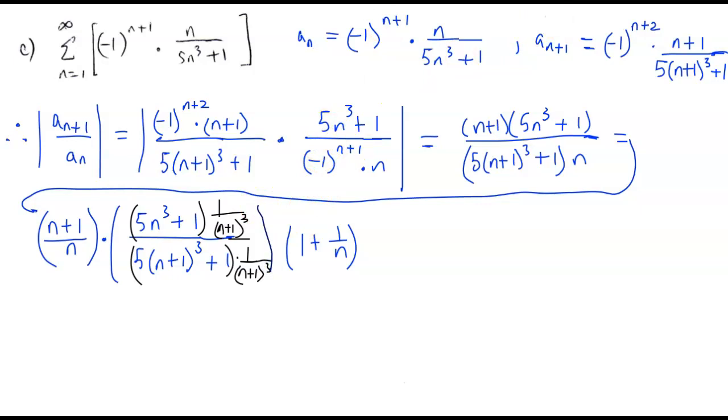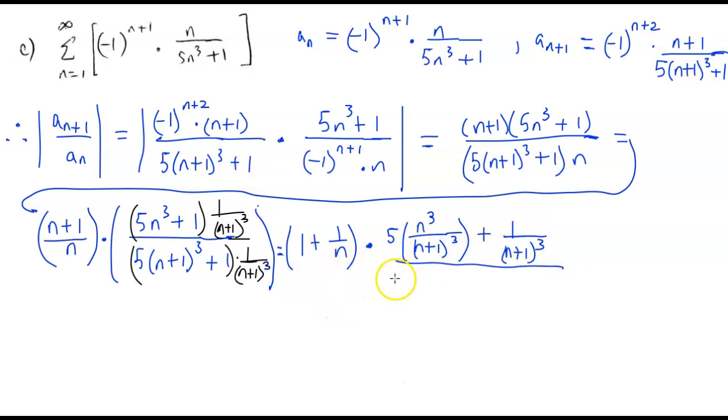Putting that back in with an equal sign, in the numerator we would get 5 times n cubed over n plus 1 cubed plus 1 over n plus 1 cubed, and in the denominator we'd have 5 plus 1 over n plus 1 cubed.